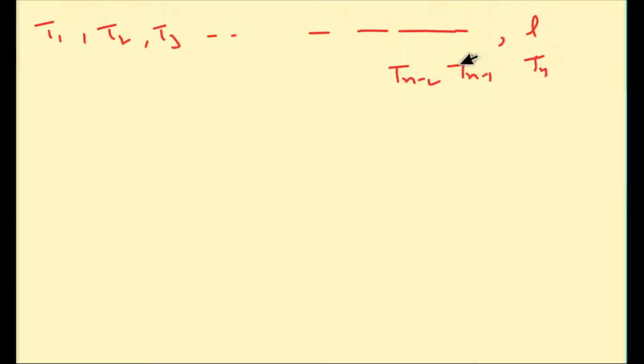Okay, student. Now, if we have T1, T2, T3 and the last term, and before the last term, that is Tn, Tn minus 1, Tn minus 2, and the middle terms, then the last term Tn is L, then it is L minus D, and it is L minus 2D.